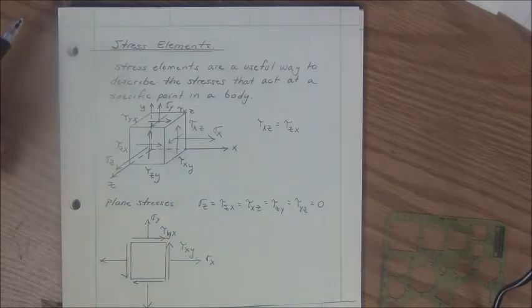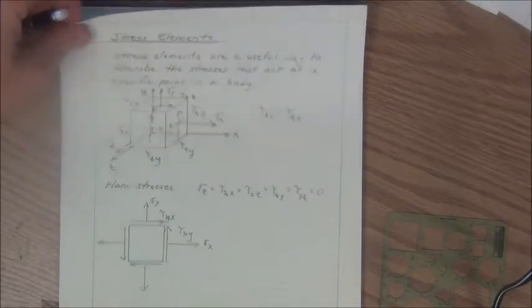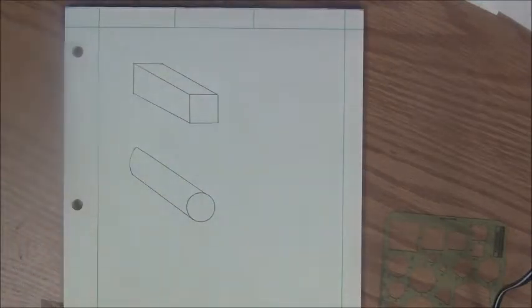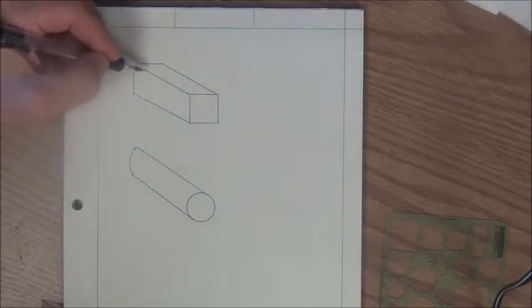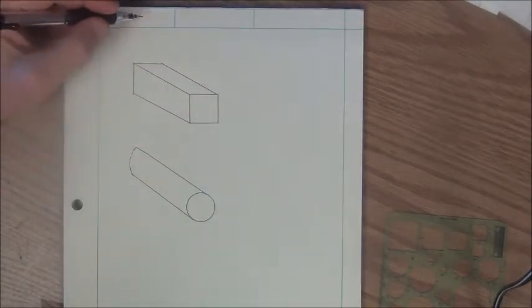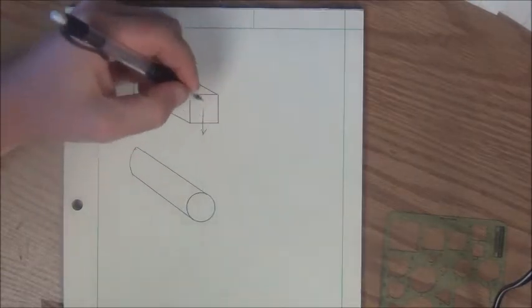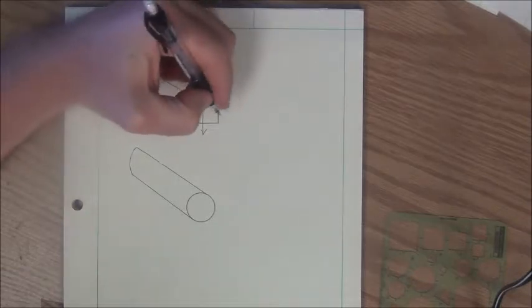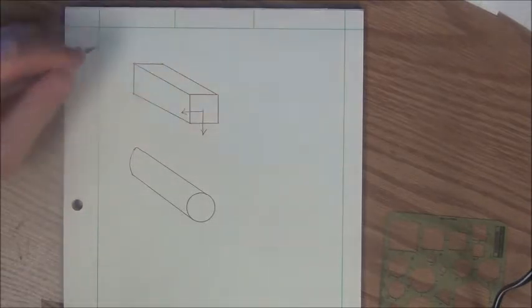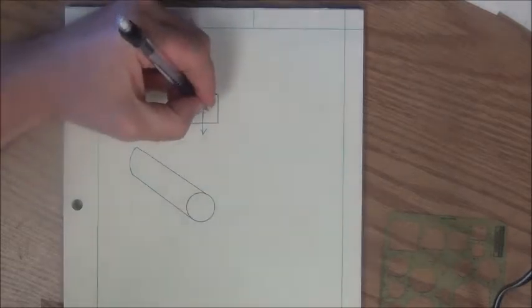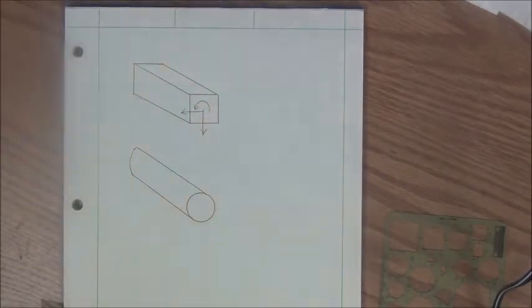Plane stress elements occur in many locations, and in particular many beam configurations and loadings consist of plane stress conditions. For example, if we have a cantilever beam like this square cantilever beam here that would be fixed on this end, we apply a load in this direction and we apply a load in this direction, and also a torque on the end of this beam.